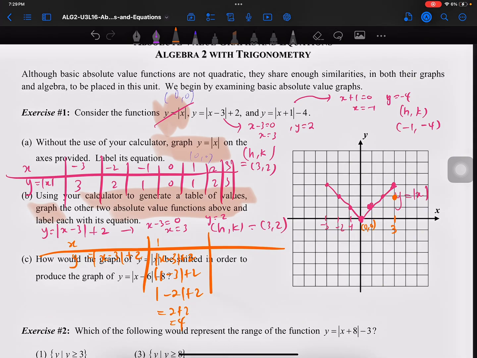Okay, so for the next point, you need to substitute again. So I will have 2, 3; 3, 2; 4, 3; 5, 4. So we can plot 1, 4. 1, 4 will be here, and 2, 3.